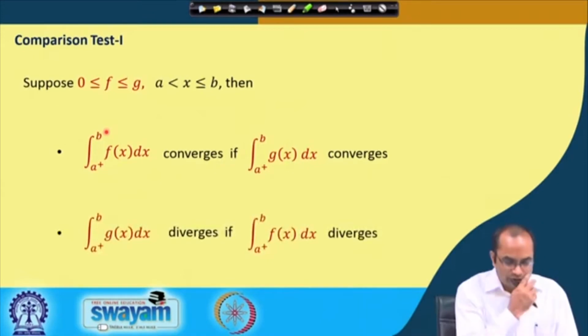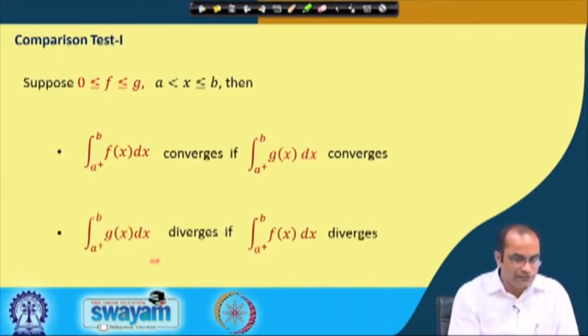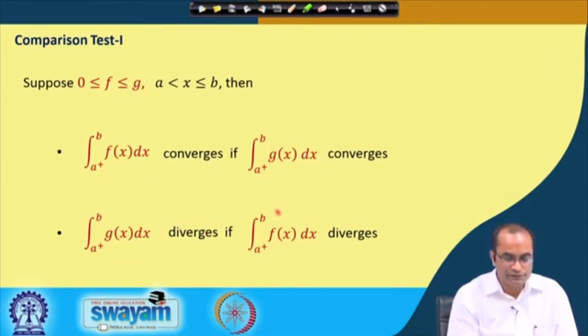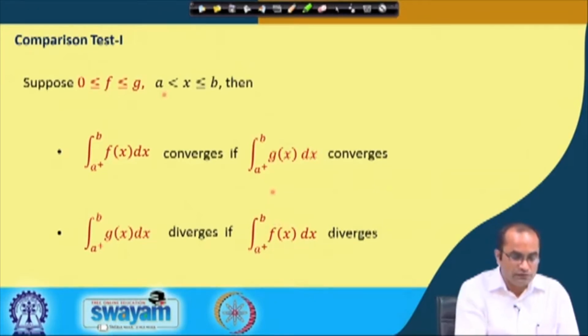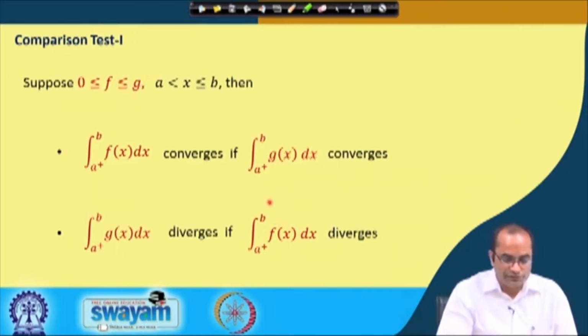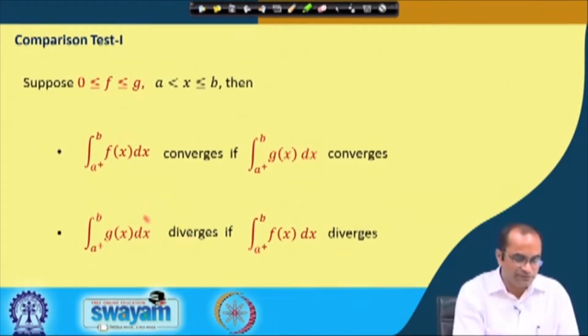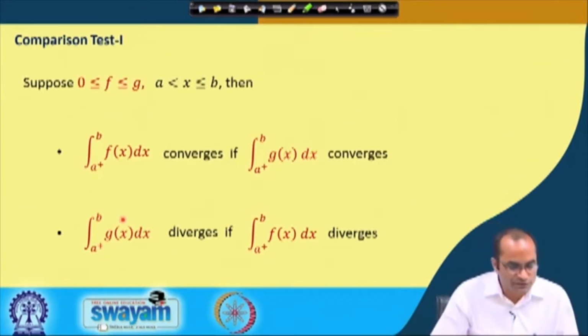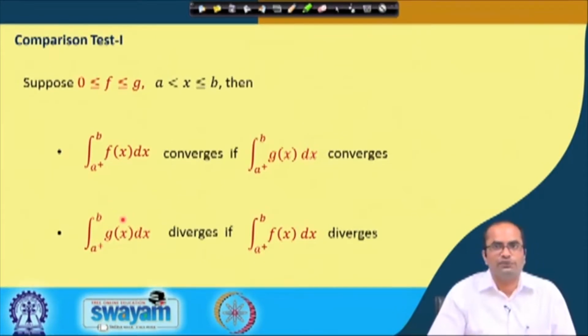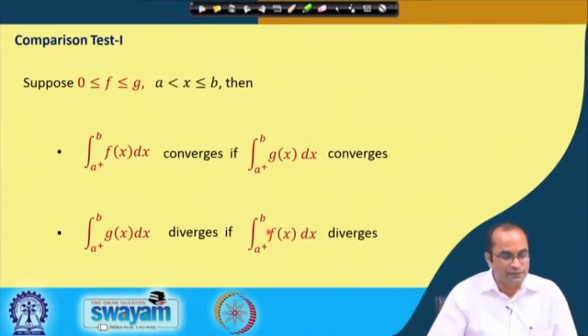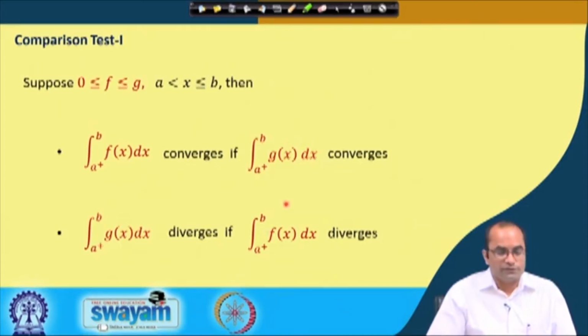Second, we can also conclude from this relation that if the integral of the smaller one, f(x) dx, diverges, then the integral of g will diverge too. Since f takes lower values than g, the value of the integral of g is supposed to be bigger, so definitely this will also diverge. It is a simple comparison test, but very useful for deciding the behavior of such improper integrals.